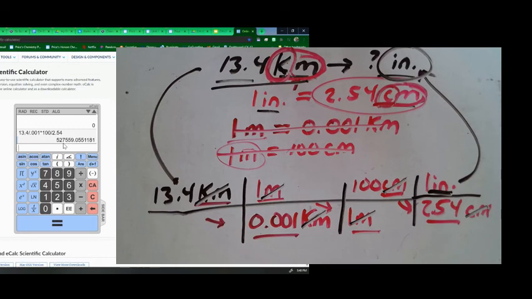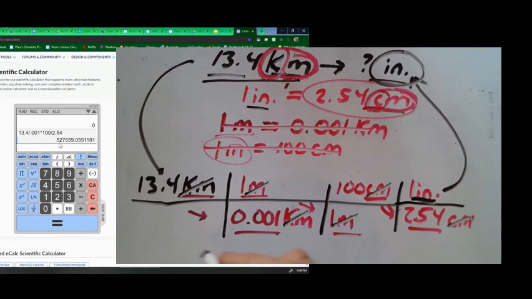Also, we want to put it in scientific notation. The decimal, when you put something in scientific notation, always goes after the first non-zero digit. So, in this case, the 5. So when we rewrite it, it's going to be 5.28. And since the decimal moves 1, 2, 3, 4, 5 places, we go times 10 to the 5th.